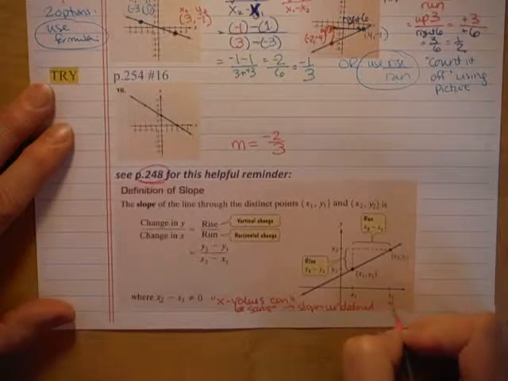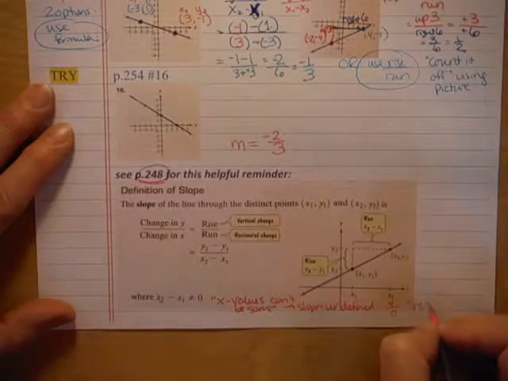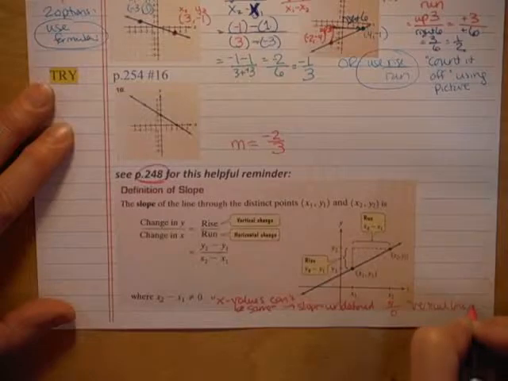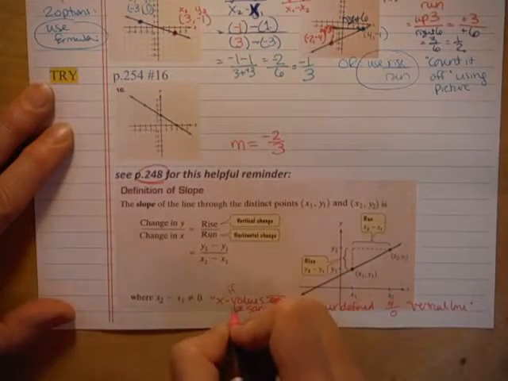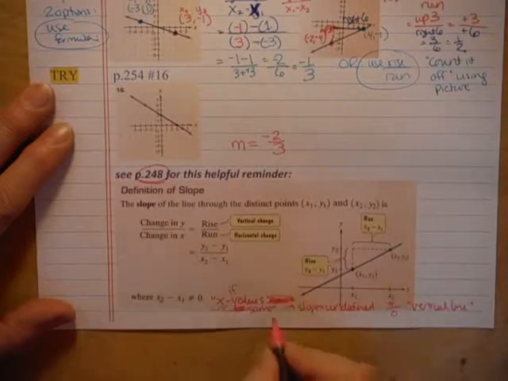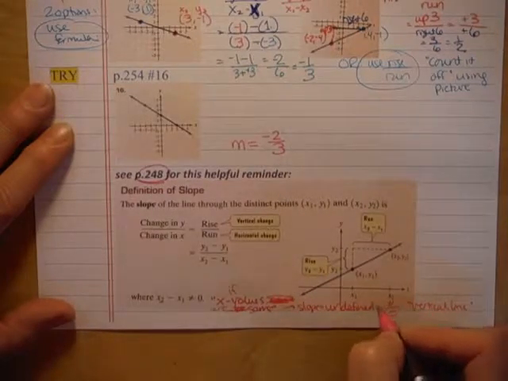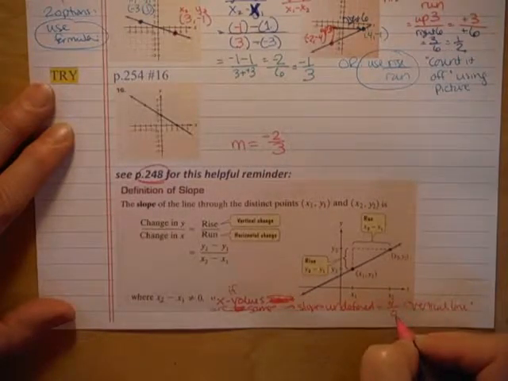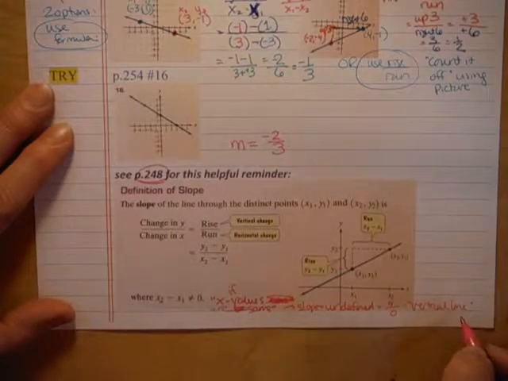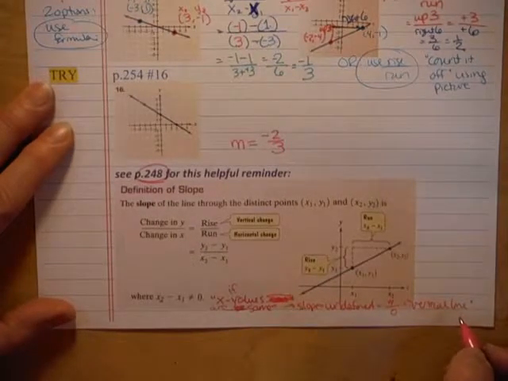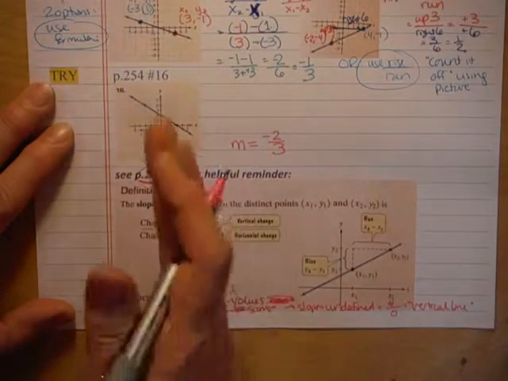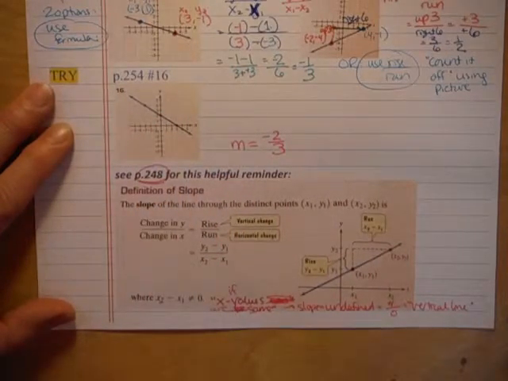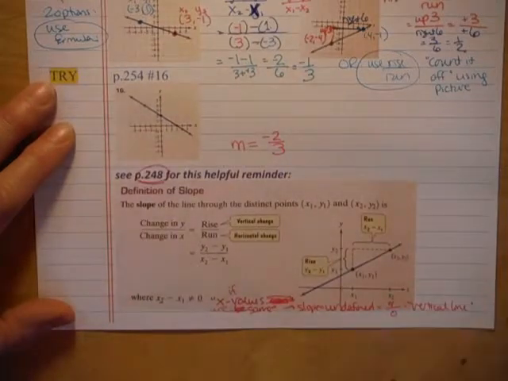It's going to be some number over 0, and what that creates is a vertical line. So what I should say is if the x values are the same, then your slope is undefined because you've got a number divided by 0, and we don't divide by 0. And that creates a vertical line because the x coordinates are both the same. You end up in that same straight up and down spot. Okay? All right, we'll move on to page 3.